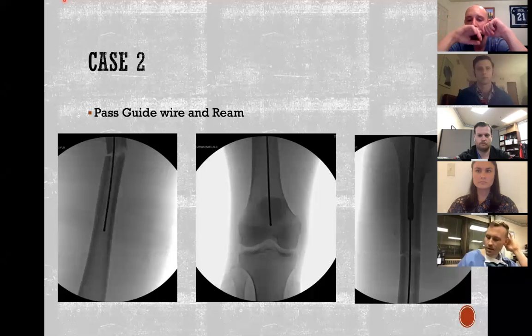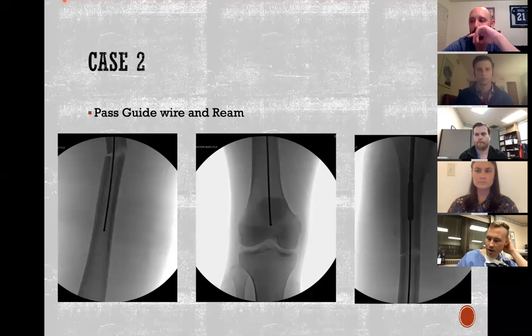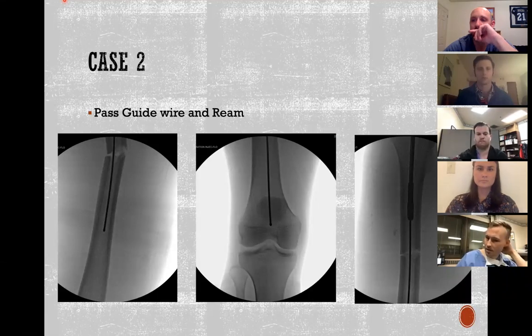So you're forming a path that the nail is then going to occupy. And if your path is in an abnormal trajectory, then the nail is going to reproduce that. So nails don't reduce fractures, they hold reduction. They stabilize reductions that have already been obtained.